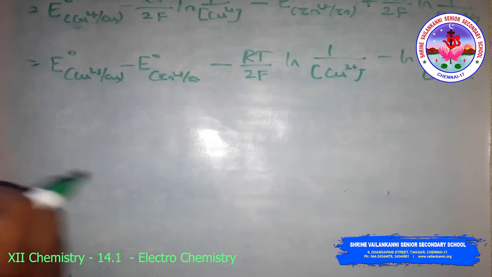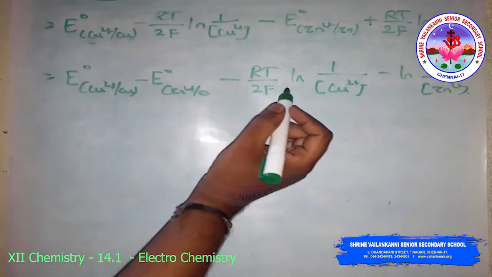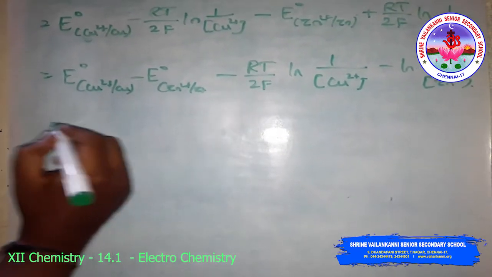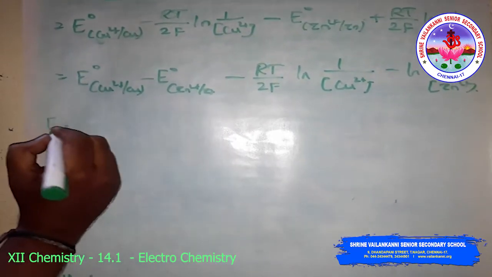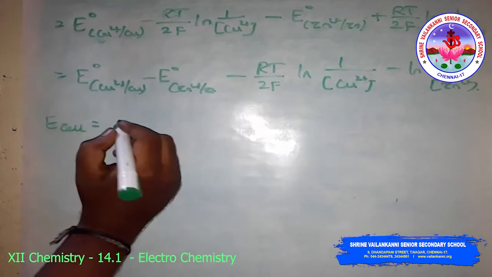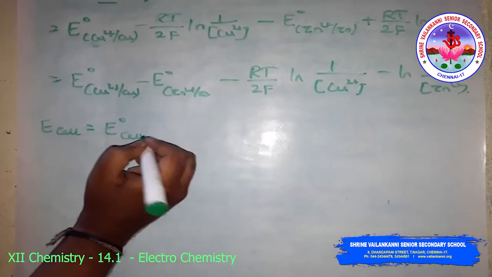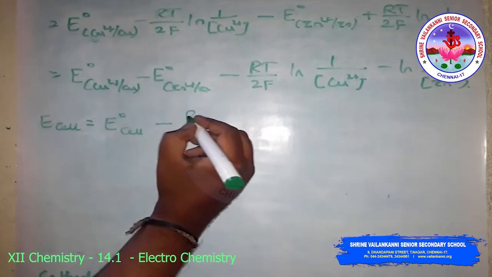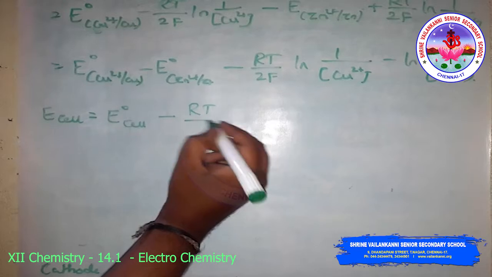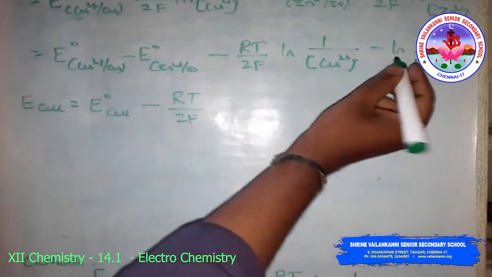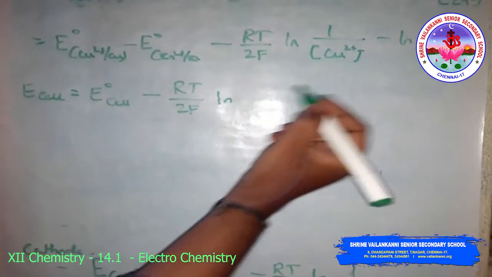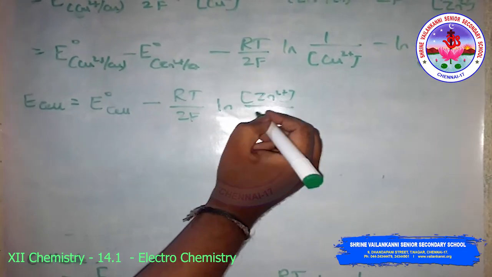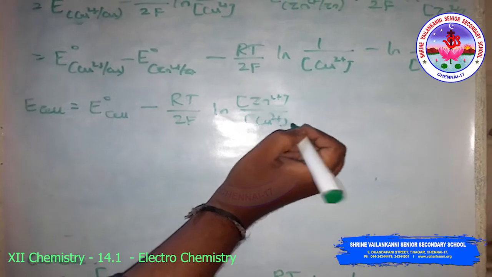Then on factorizing or rearranging this, you will get E cell is equal to E naught cell, this whole term being E naught cell, minus RT divided by 2F ln of [Zn2+] divided by [Cu2+].